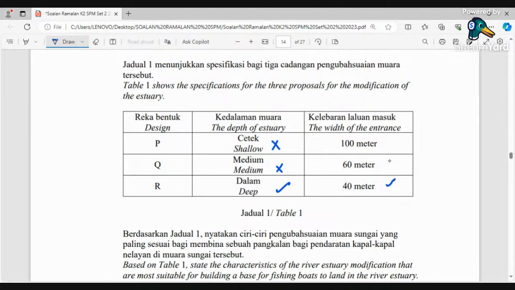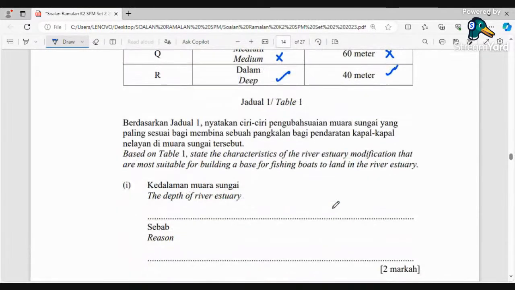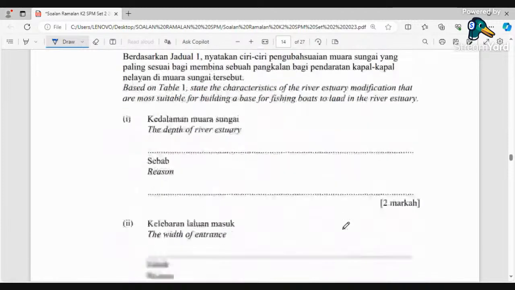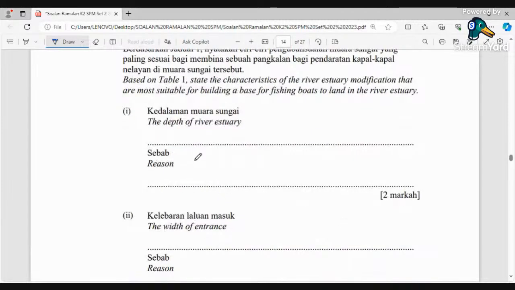Gap itu sebab the smaller the gap, the larger the effect of diffraction. Okay, so based on the characteristic, we need to answer this one. Which one is the most suitable? The depth of river estuary, okay, deep region. Deep, kita pilih deep. Apa reason?